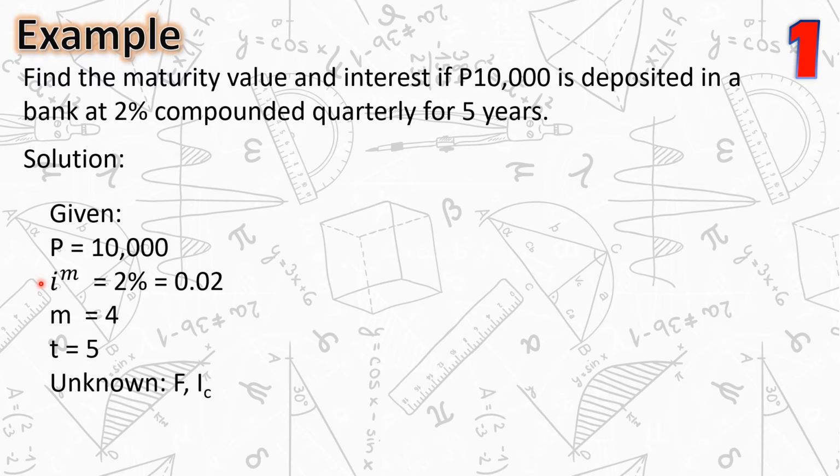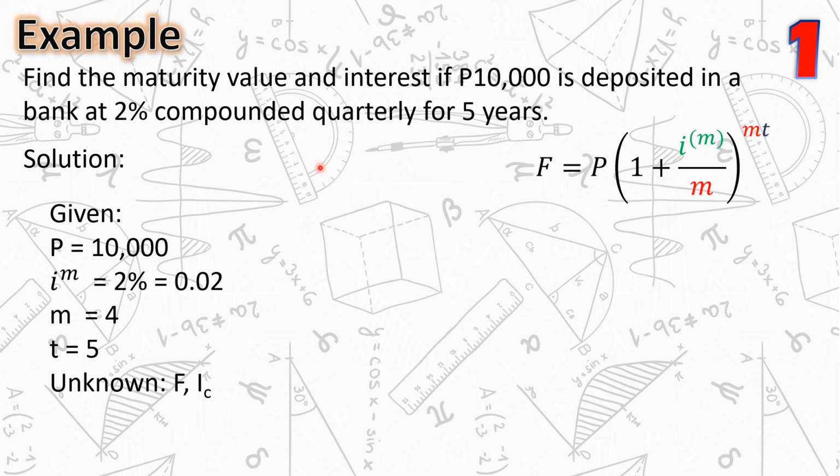Nominal rate is 2% converted to decimal, that is 0.02. Frequency of conversion is 4, because the interest is compounded quarterly. The term is 5 years. So we are asked to find the maturity value and the compound interest.